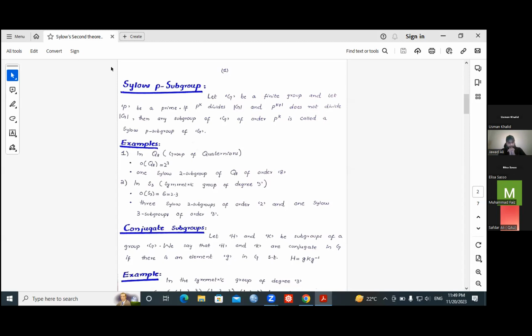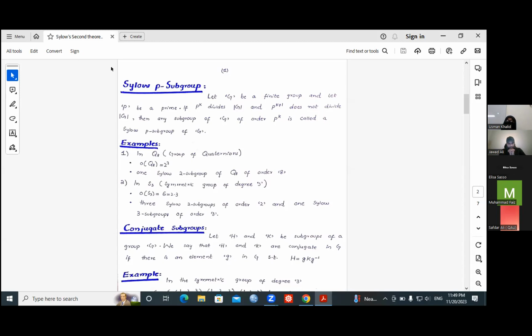After that, I will discuss how this theorem is pivotal. So before starting the theorem, I want to discuss some definitions like Sylow p-subgroups and conjugate subgroups and other fundamental concepts.